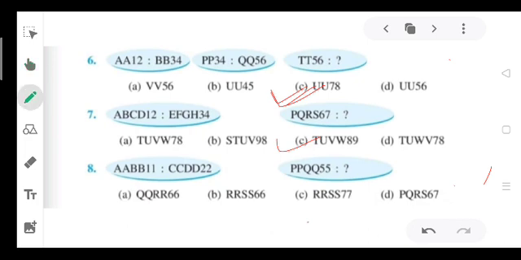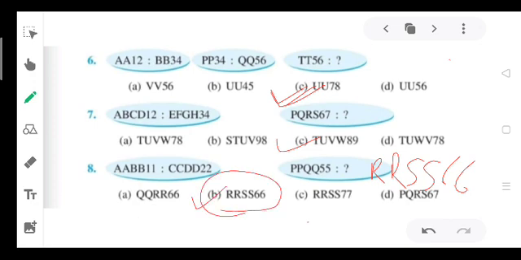So our answer becomes RR SS 66. So check the options, which one is correct here? B, RRSS 66. So I have explained all the questions.